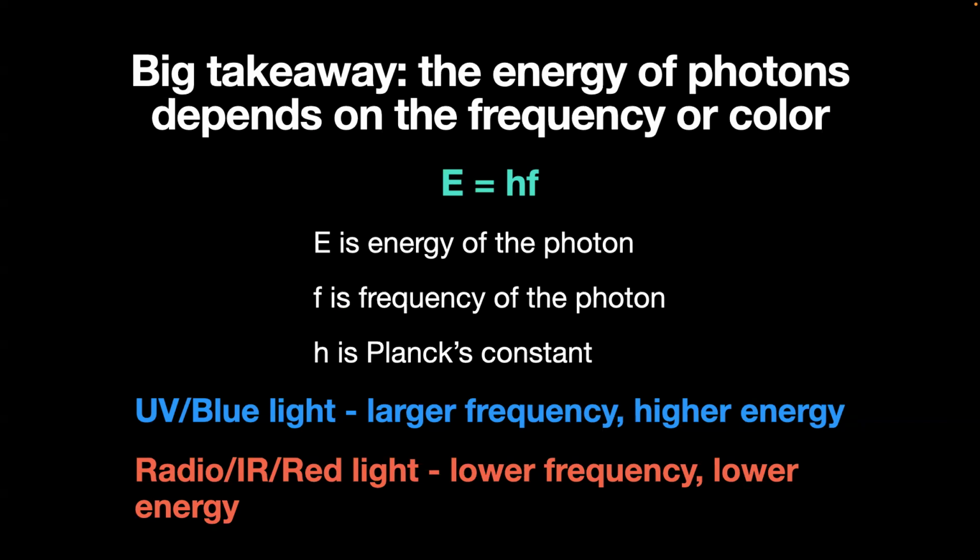What we find is that UV or blue light has a larger frequency and a higher energy. Radio, infrared, and red light have lower frequencies, so they have lower energy.